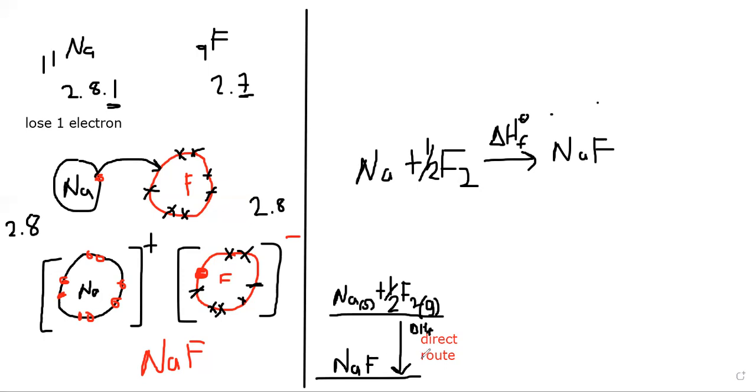The direct route is clearly not the stepwise process because it just shows the elements in their standard state forming the ionic compound. This has some calculations associated with it, which we will do in a separate video. For this video, I just want you to know how to construct this diagram. So we start with the direct route. Now let's move on to the indirect route.